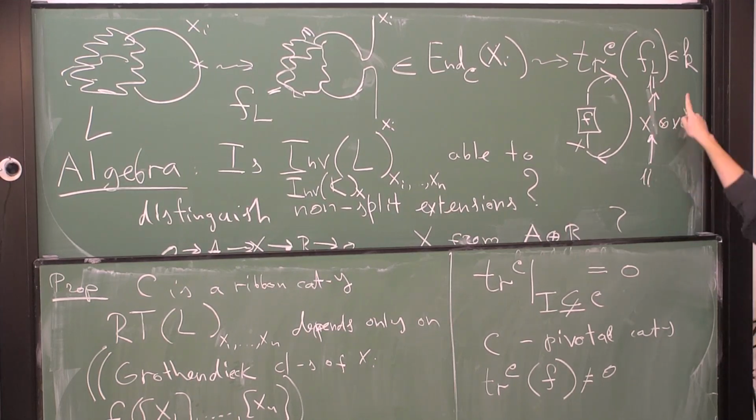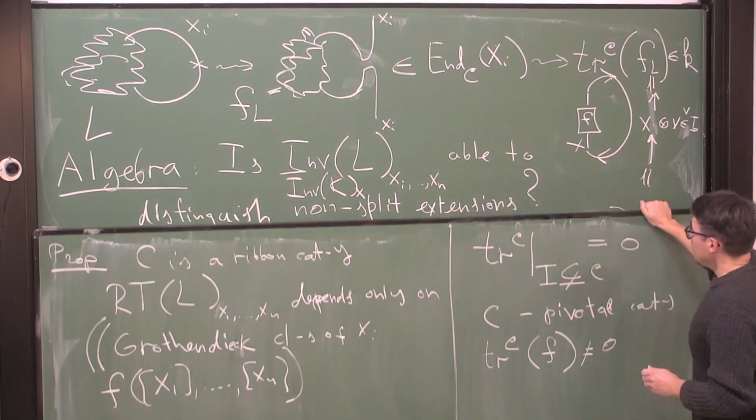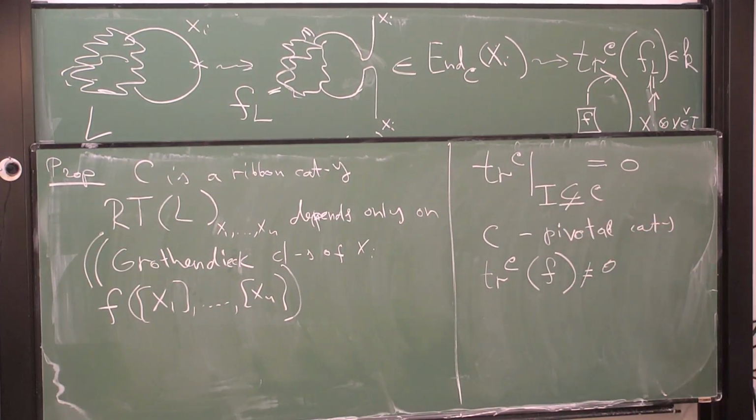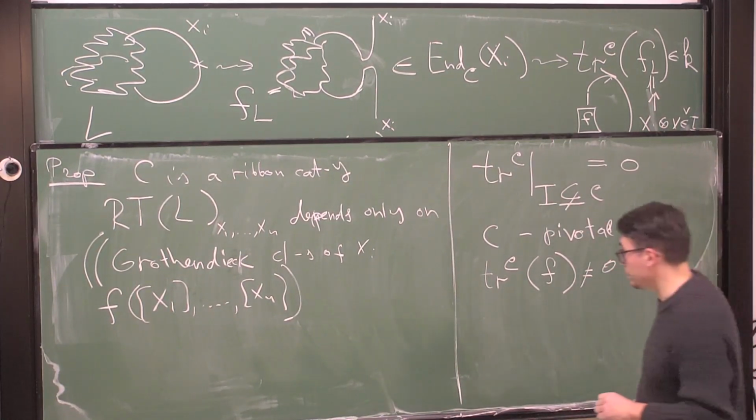So 1 is a retract of X tensor X dual, which is an object in the ideal. An ideal is closed under retracts. That means that the tensor unit is in the ideal I, but the tensor unit generates the whole category C. So if the tensor unit is in the ideal, the ideal is the whole category C. So on a proper ideal, trace is always 0.